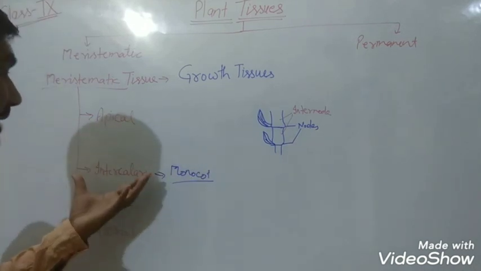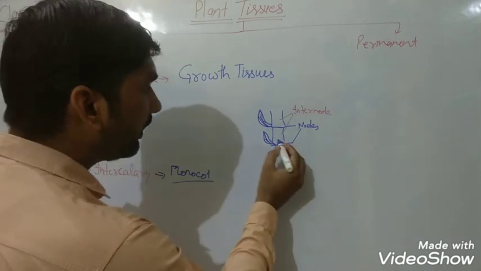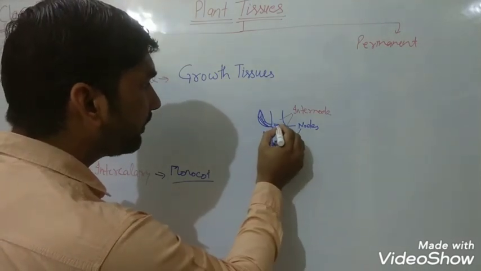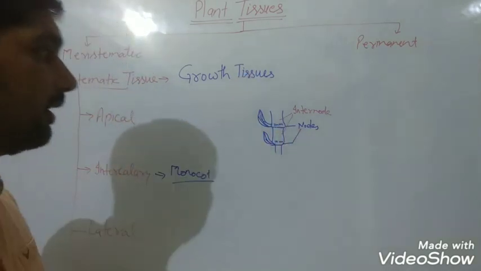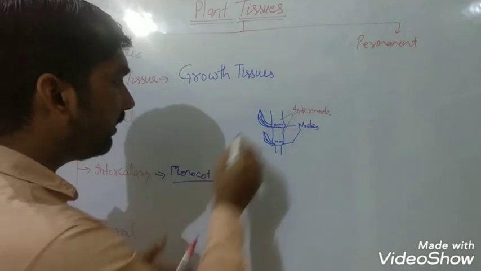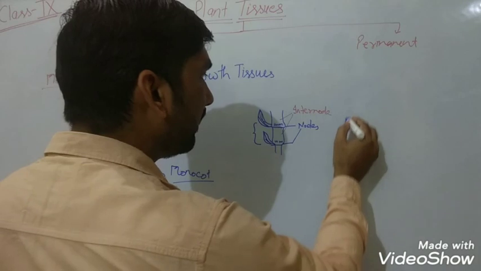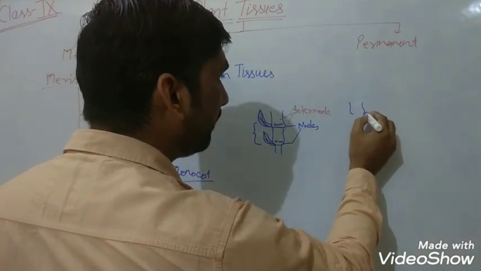So some of the meristematic tissues are present at the base of the nodes, which are going to increase in size. Suppose we take this region and draw the figure again. So this will be like this.